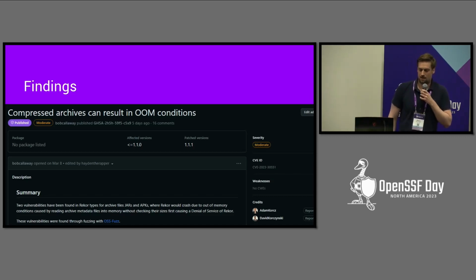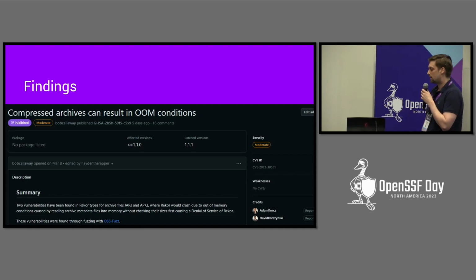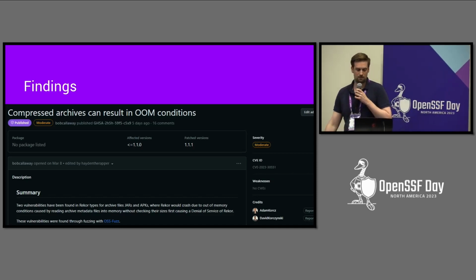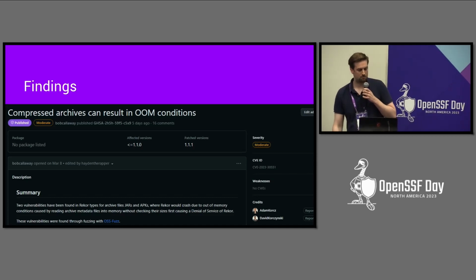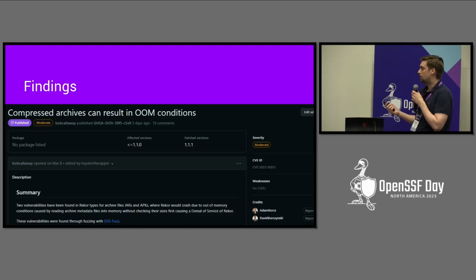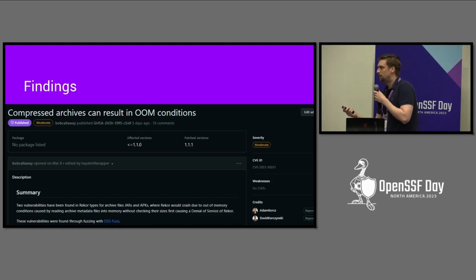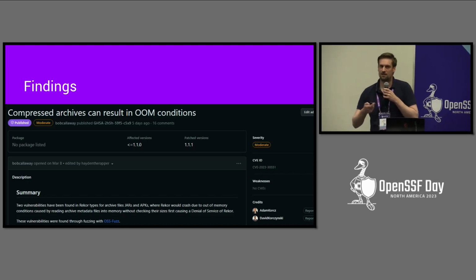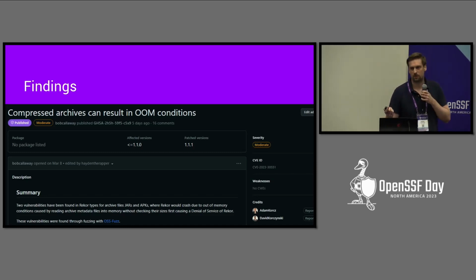And in doing so, the fuzzers found a zip bomb vulnerability in the processing of both of these artifact types. And a zip bomb is a vulnerability where you receive a compressed data type and you decompress it and you read certain parts of that extracted archive entirely into memory, for example.